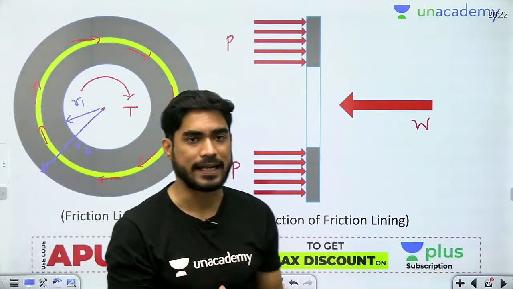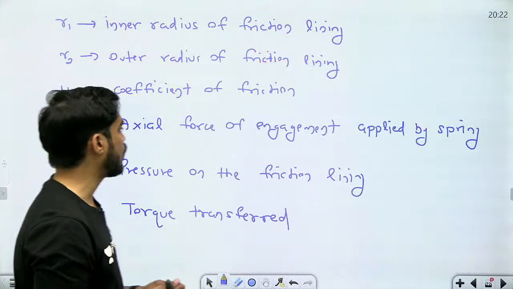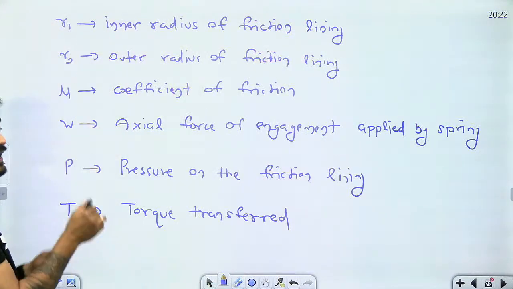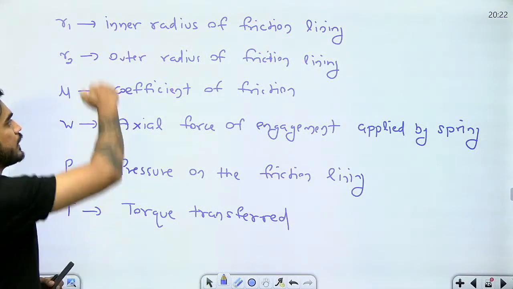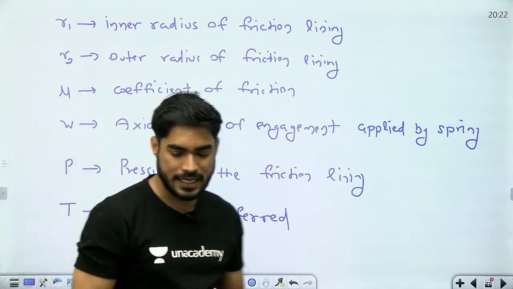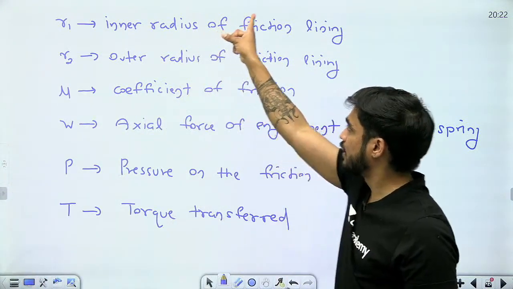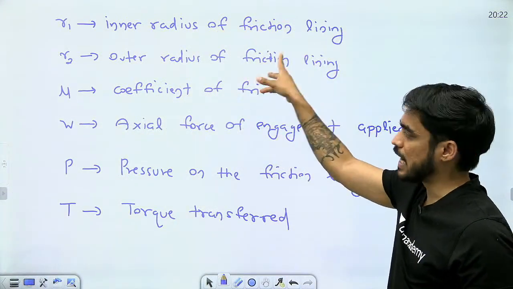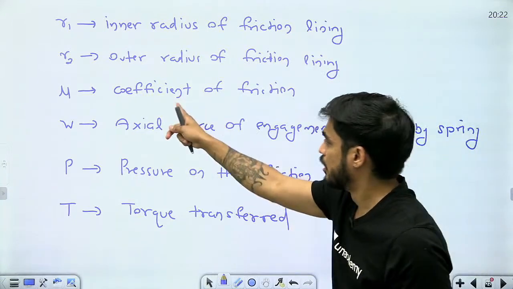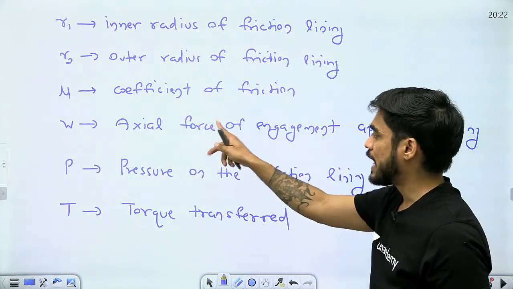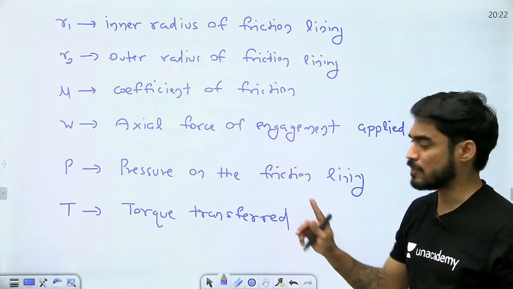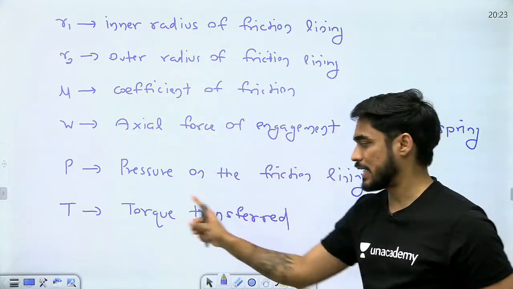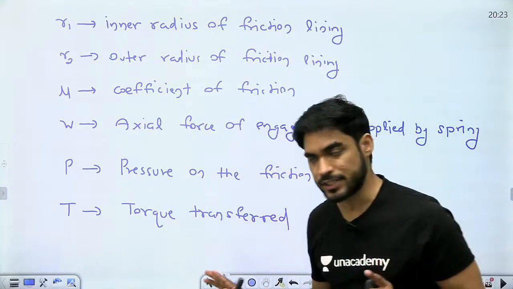Now I need to find the relation between all these quantities. So understand each and every parameter. R1 is the inner radius of friction lining, R2 is the outer radius of friction lining, mu is the coefficient of friction, and W is the axial force of engagement. P is the pressure on the friction lining, T is the torque transferred by the friction lining.